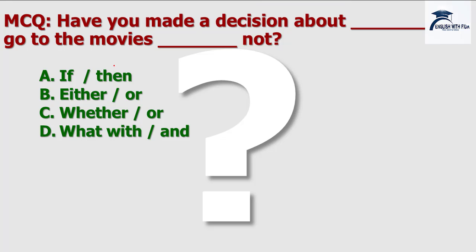Whether to go or not. When there is a choice, we use whether...or. This will be our answer: made a decision about whether to go to the movies or not. So the pair is whether...or.